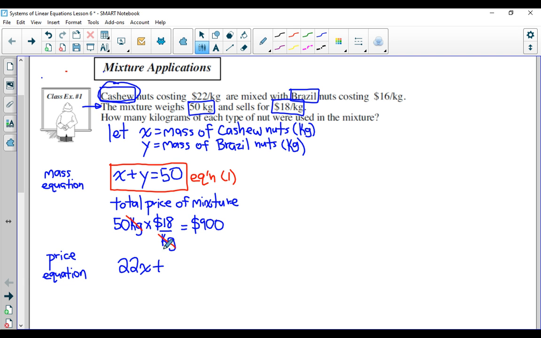Okay, I'm going to add the total price of the Brazil nuts. The Brazil nuts would be $16 per kilogram multiplied by the mass of the Brazil nuts, so that would be 16 multiplied by y.